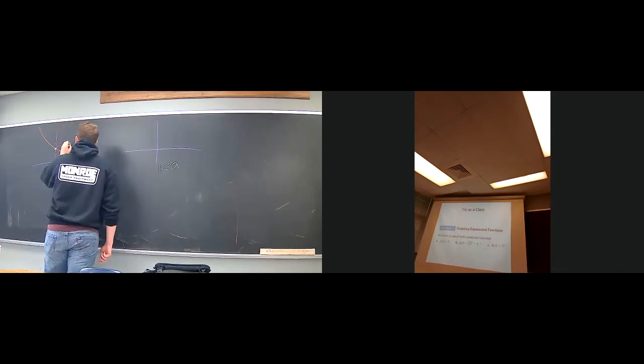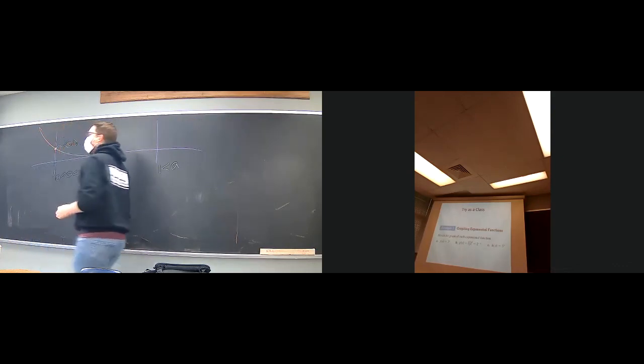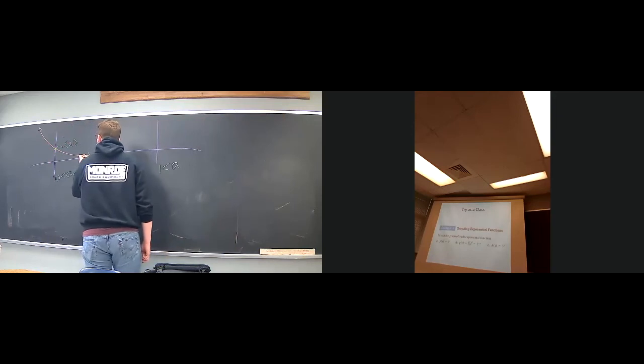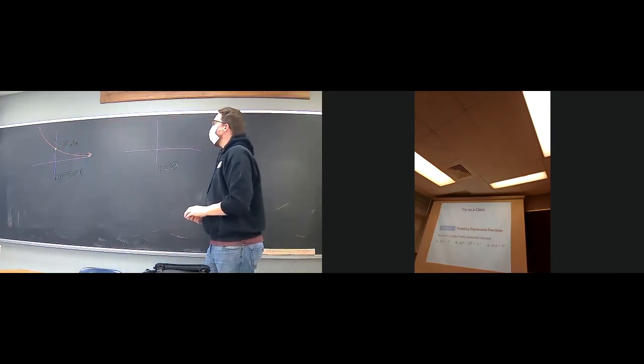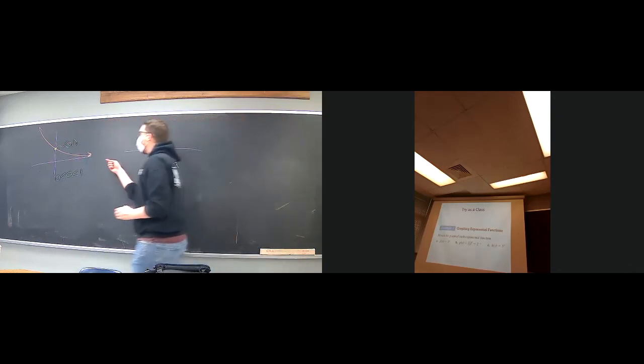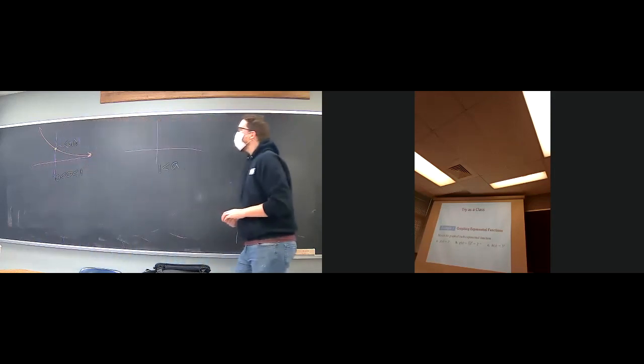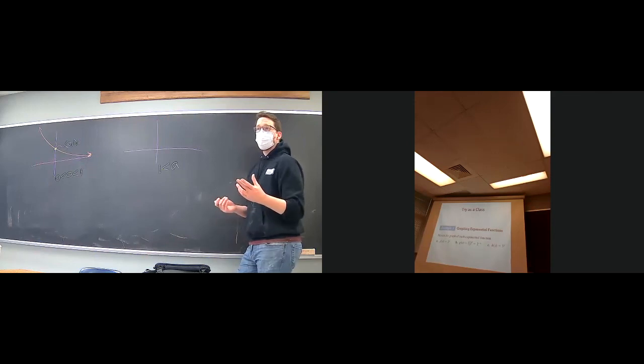In the case that a is between 0 and 1, we have exponential decay. And it decays asymptotically to 0. So as we approach infinity, our function will approach 0.